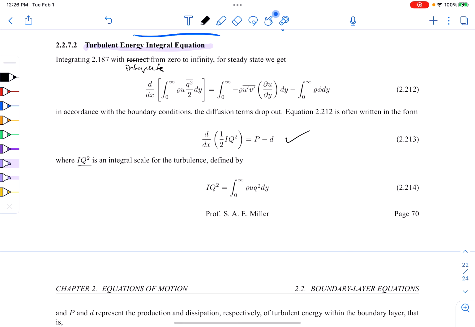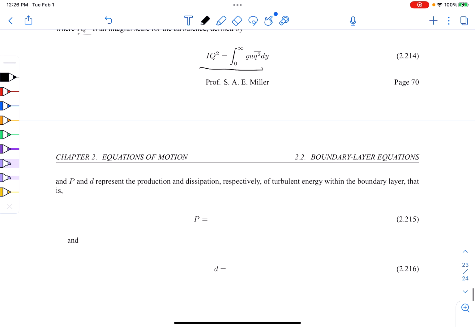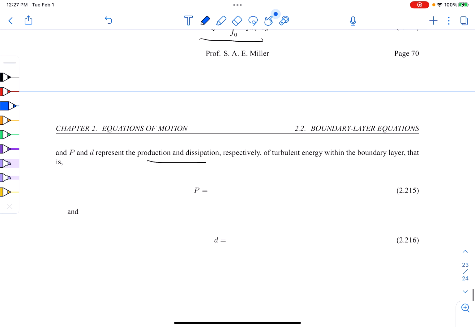And here, IQ squared is this term here. And this P and D, the difference, is the difference between the production and dissipation of the turbulent kinetic energy through the whole boundary layer at any cross-stream location. I just said that from memory. I didn't have a note, which impresses me sometimes. And these are defined here as P is 0 to infinity of negative rho u prime v prime bar of partial u partial y dy.